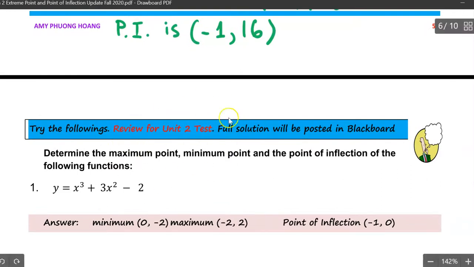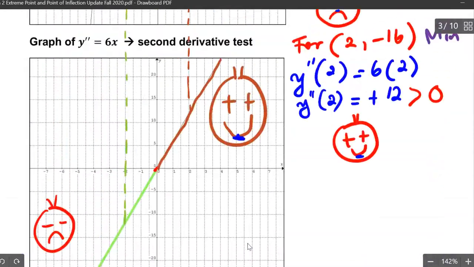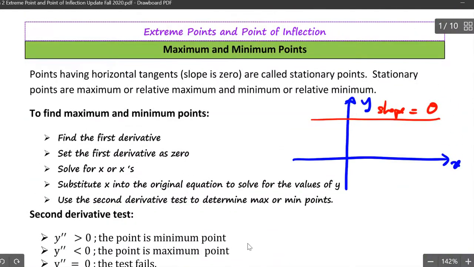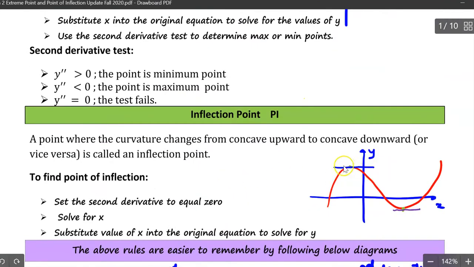This exercise is review for the Unit 2 test, and I will indicate to everyone that you must prove your maxes and your mins by using the second derivative test. Do I need to say anything else? The whole lesson has two examples, and I introduced the concept of the maximum and minimum point, which occurs where the slope of the tangent line is equal to 0.